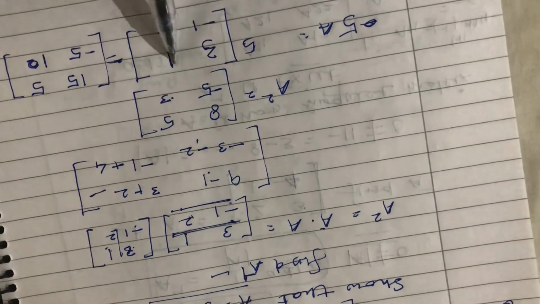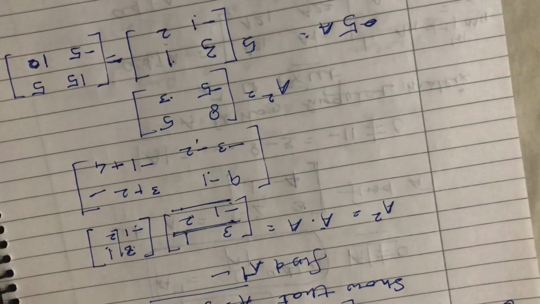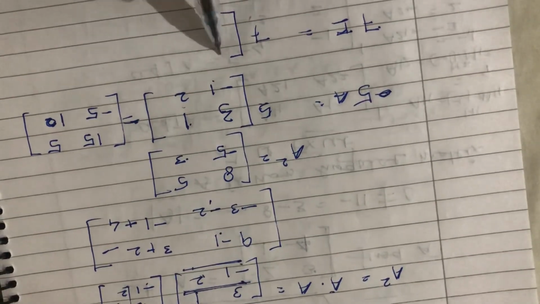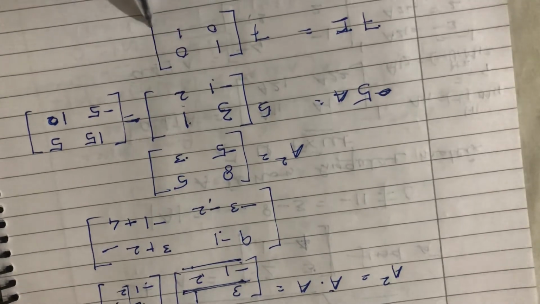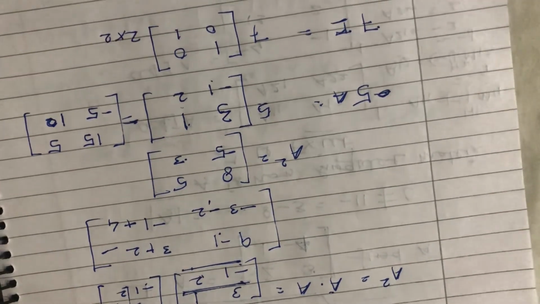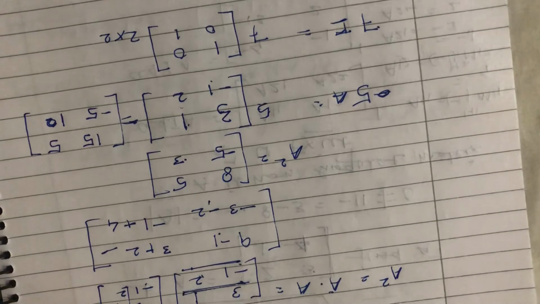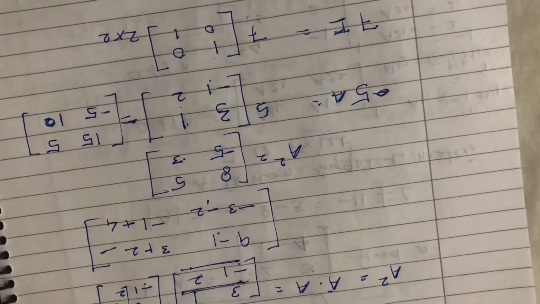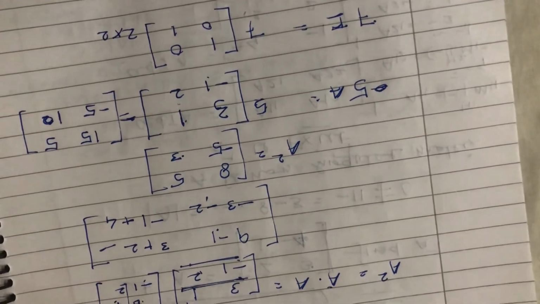It is 15, 5, minus 5 and 10. Then it is 7I. Find the value of 7I. I denote here identity matrix of order 2 by 2, because the given matrix A is 2 by 2. Then it is 7, 0, 0 and 7.